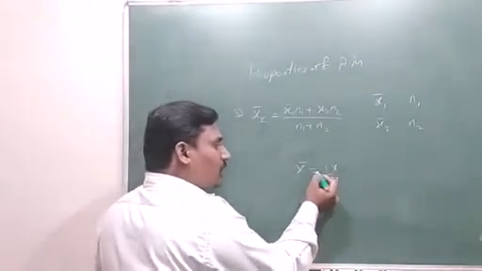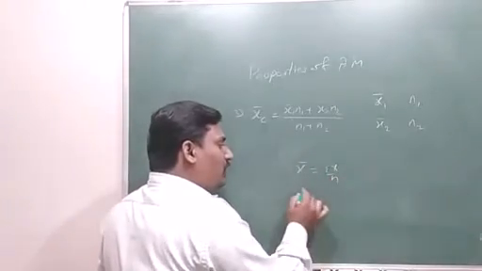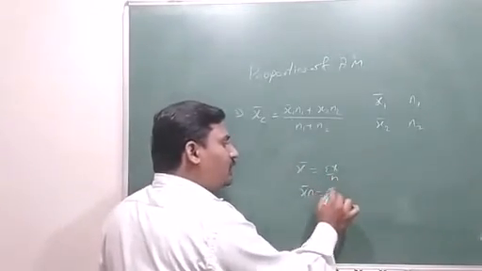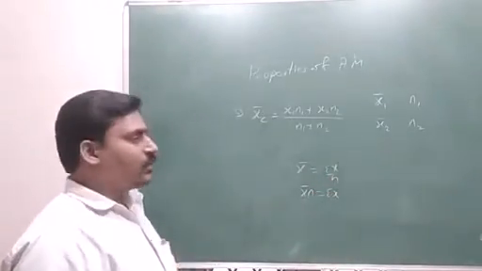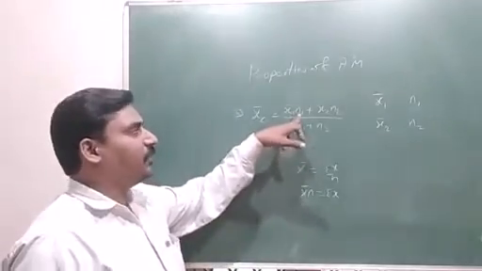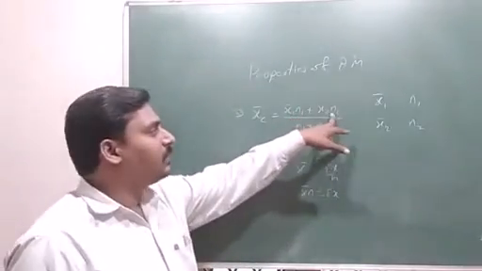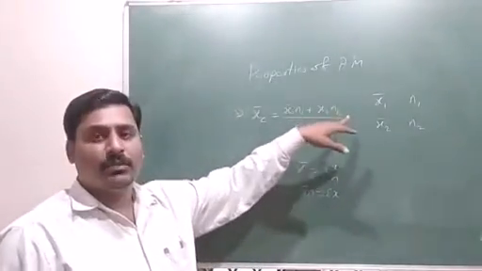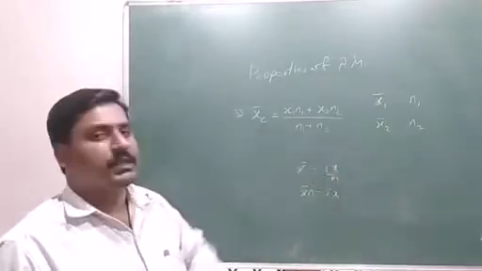x bar is equal to summation x by n, so x bar n is equal to summation x. So here, summation x of the first set of observations and summation x of the second set, divided by the total number of observations.